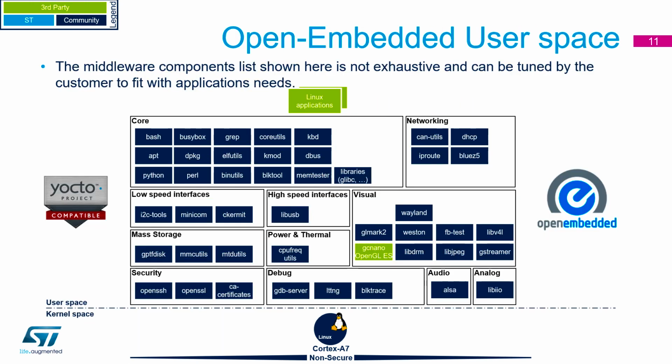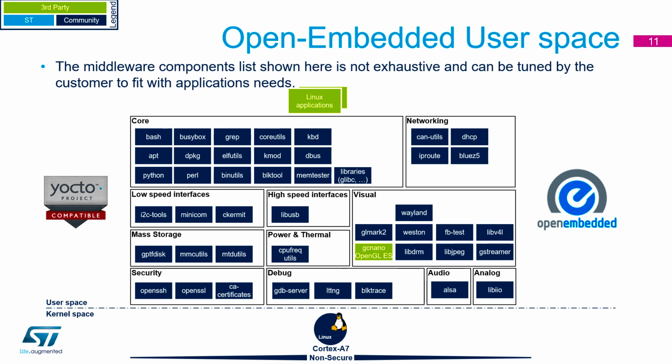So if we move to the top side of that diagram now, this is the Linux middlewares, which sit between all those kernel drivers you saw on the previous slide and your Linux application, which is right at the top. Here you now have all the community-based drivers like Wayland and Weston for graphical interfaces, GStreamer for multimedia, ALSA for your audio, and a few of the other ones.